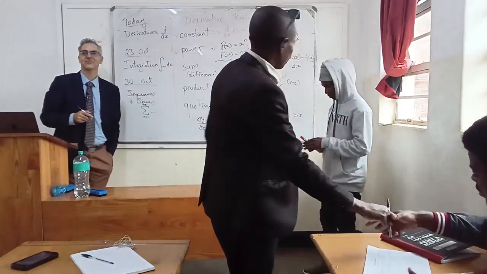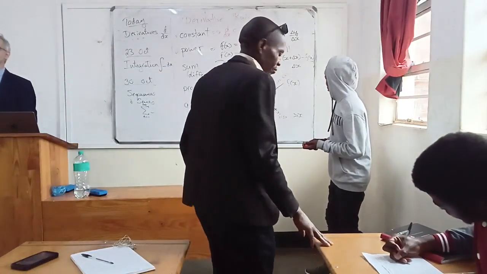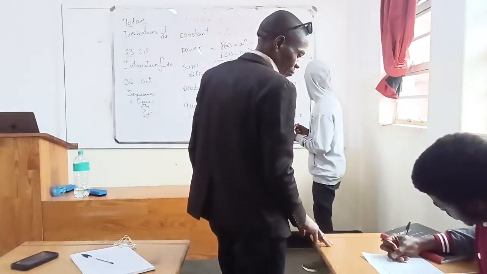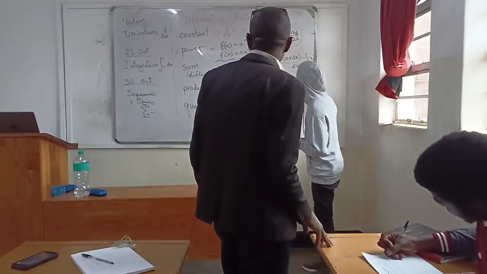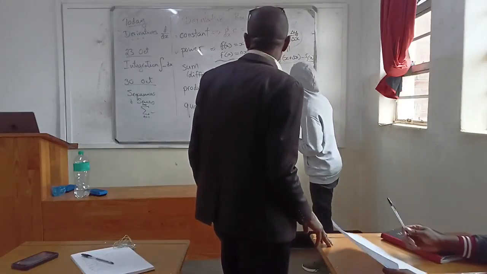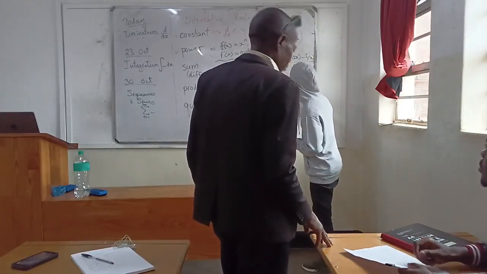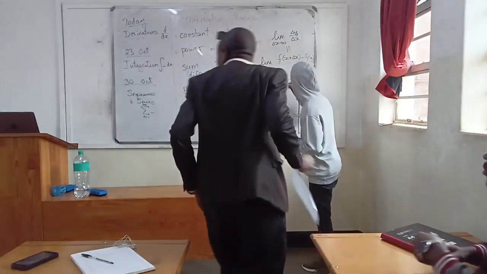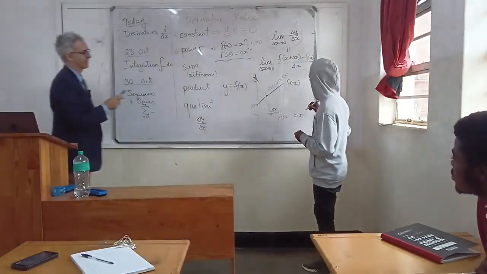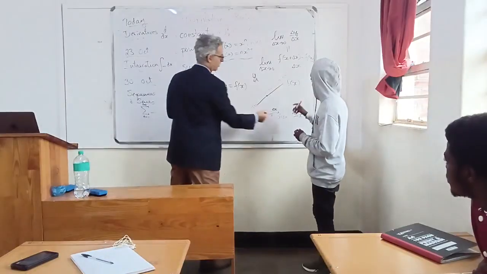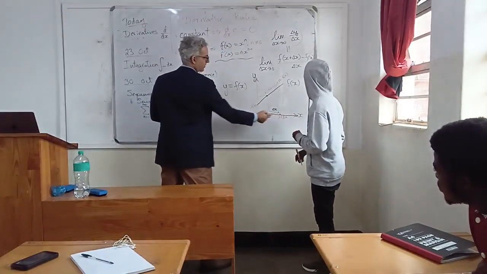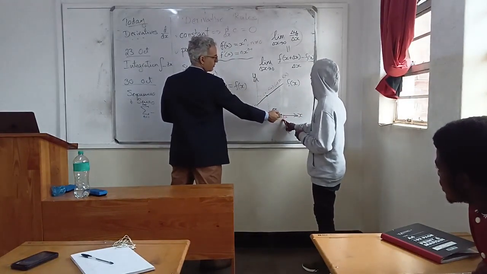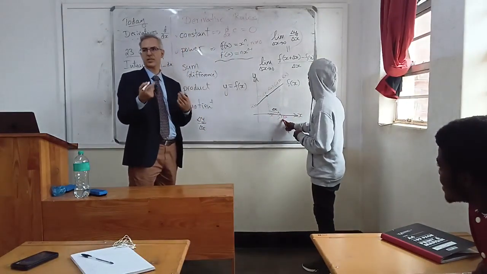Almost. f of x plus delta x. So what is the x value here? Where are we on the x-axis? The value of this point is x plus delta x.